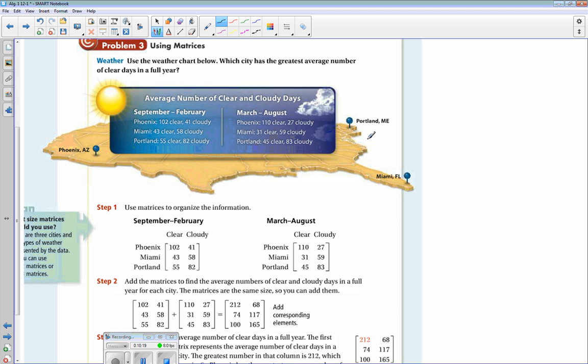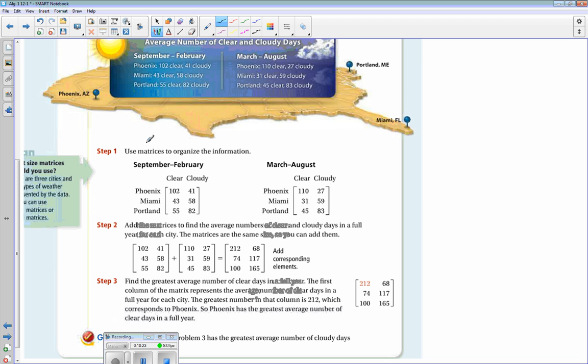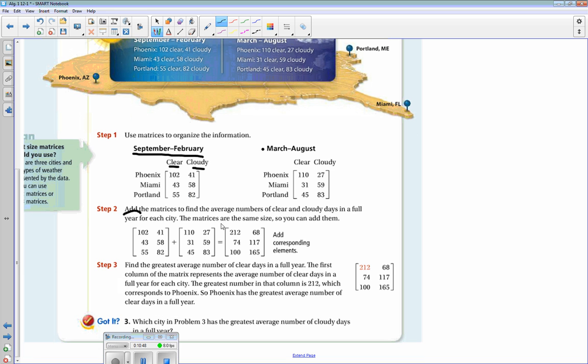So here's each of those cities. So we're going to use matrices to organize the information. So identify the city in our time frame range. We organize them with clear and cloudy. Do the same thing with March through August, clear and cloudy. We are going to add the matrices to find the average number of clear and cloudy days in a full year for the city.